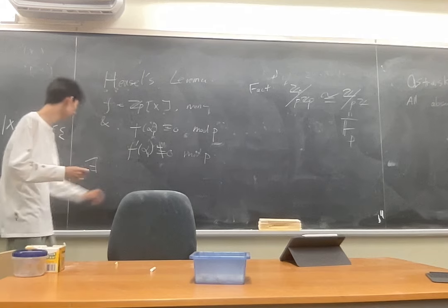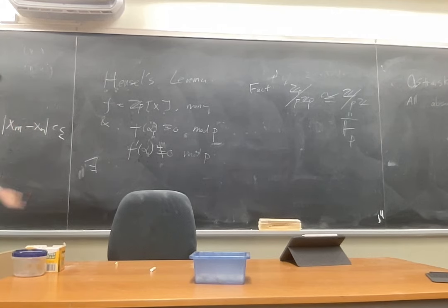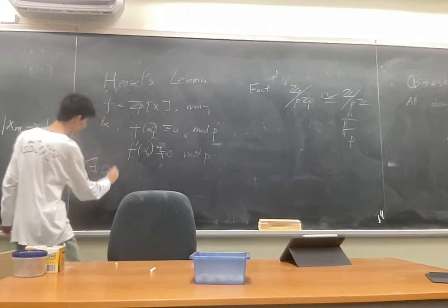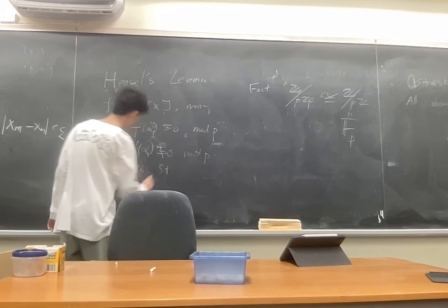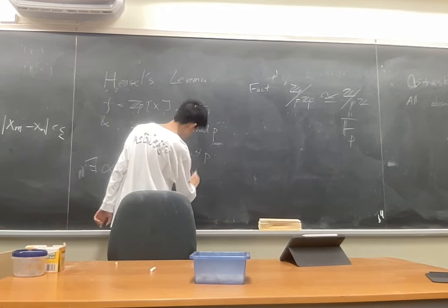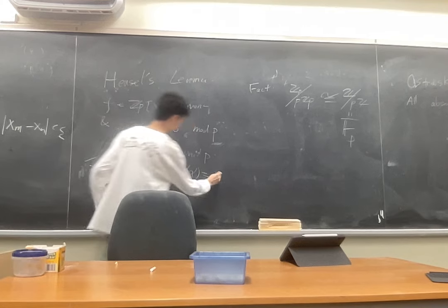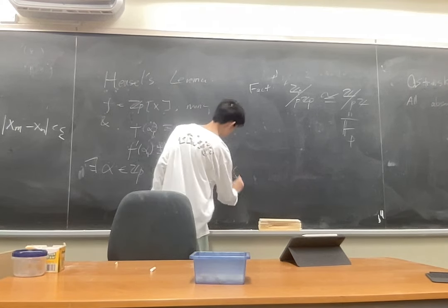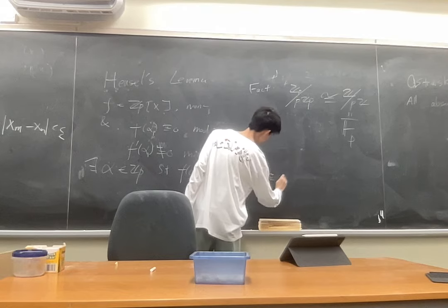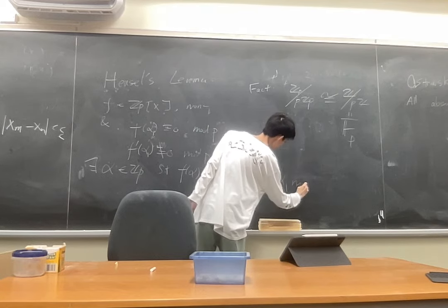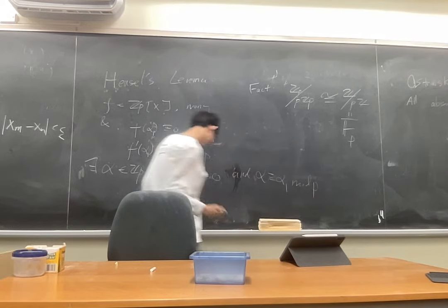Then we can lift that root alpha naught back to Z_p, such that f is 0 at alpha, and alpha is congruent to alpha 1 modulo p.